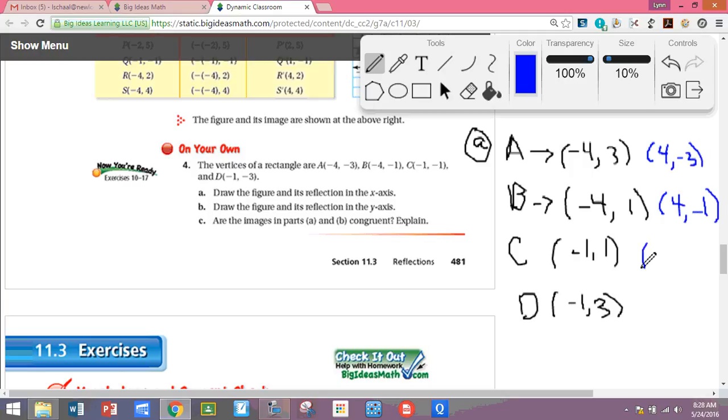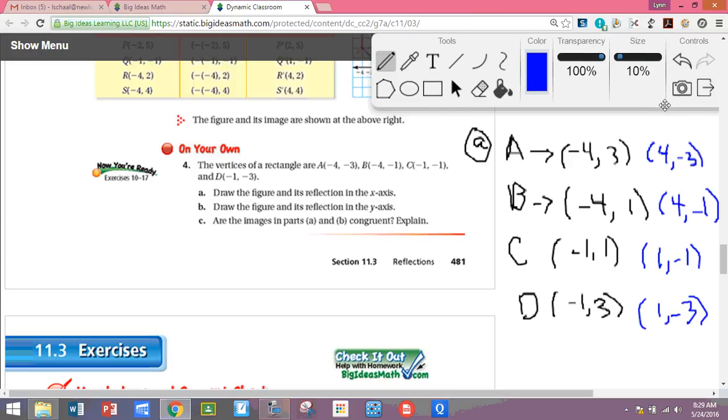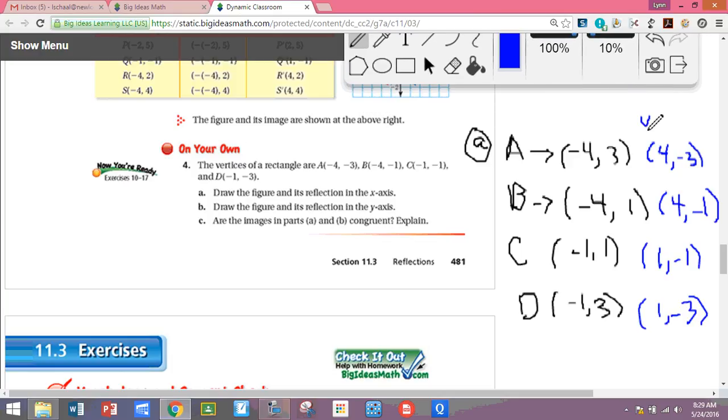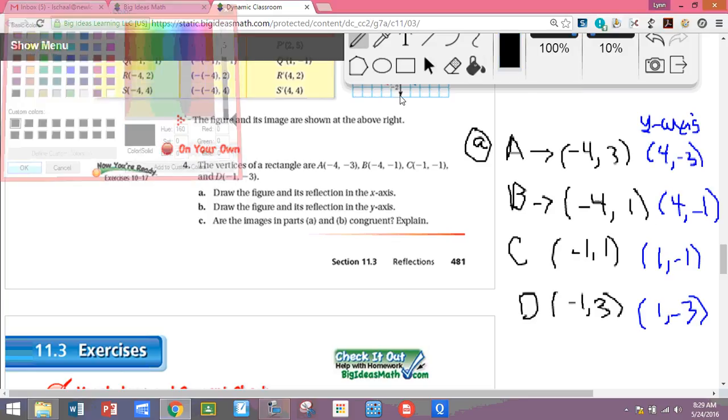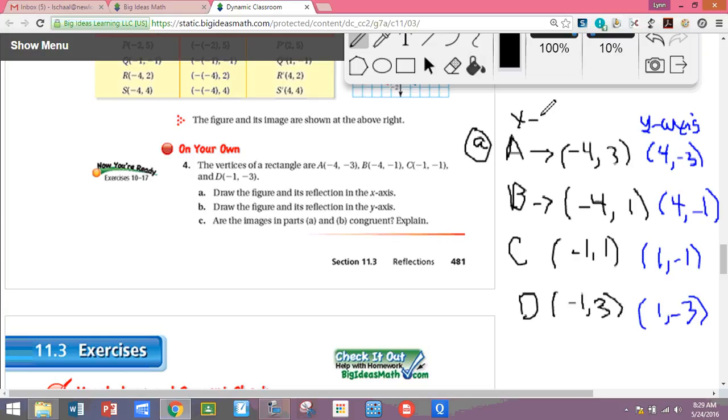My C is going to be 1, -1. And my D is going to be 1, -3. So this is if we reflect along the y-axis, and this is if we reflect along the x-axis.